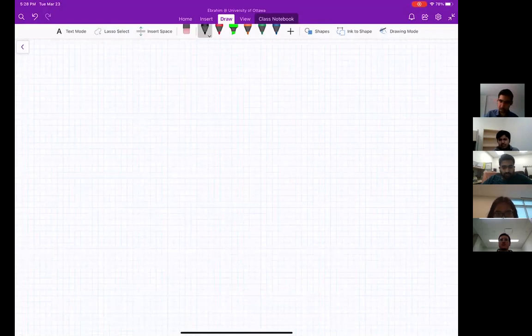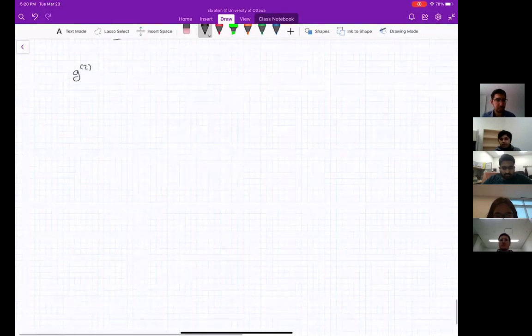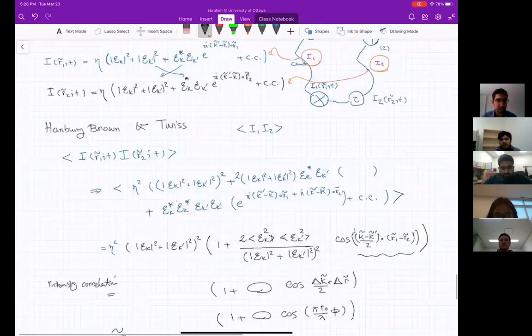But remember, now we deal with another function, which is the G2 function, which is related to intensity. I will do it in a normalized fashion. So when we deal with this correlation, we look at I1, I2.